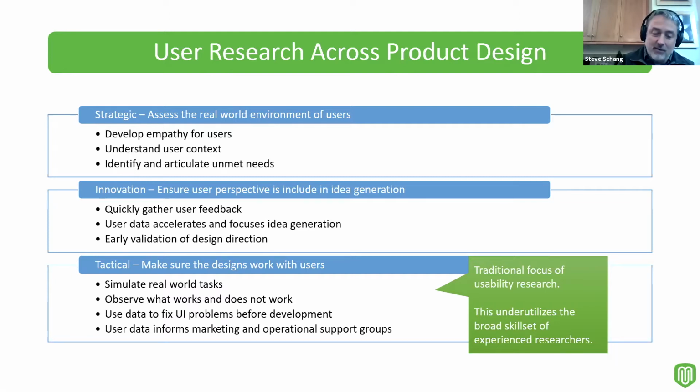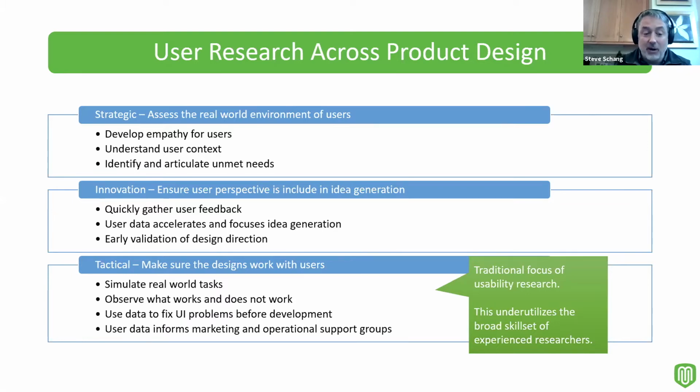And this is you've got a prototype, it's paper, it's clickable, you've got an actual website, maybe you're in a QA environment, and you have people go in and do tasks in that, and you observe what works and doesn't work. I call this tactical because at this point you have done some design.